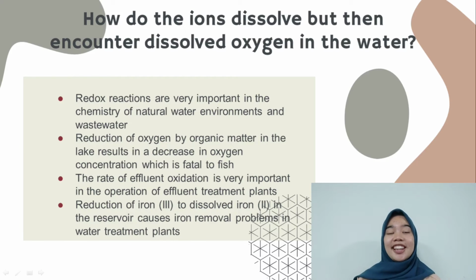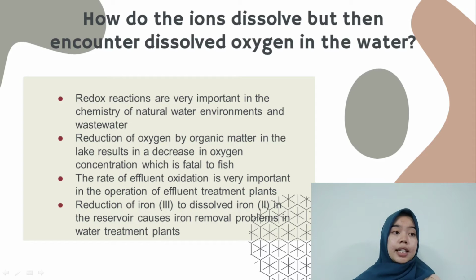How do the dissolved ions encounter dissolved oxygen in the water? The first, redox reactions are very important in the chemistry of the natural water environment and wastewater. The second, reduction of oxygen by organic matter in the lake results in a decrease in oxygen concentration, which is fatal to fish.